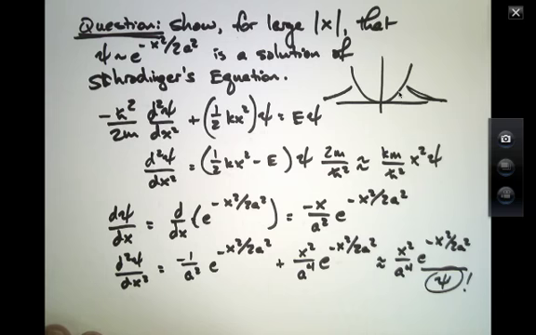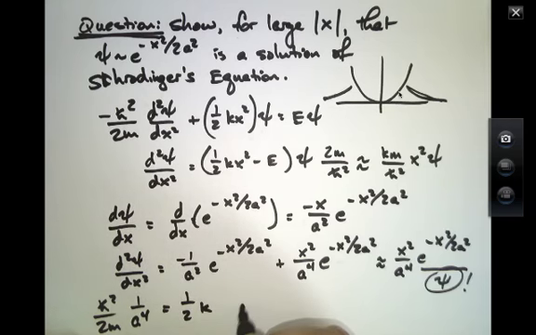So if I just match up constants, I have h bar squared over 2m times 1 over a to the 4th equals 1/2 k.